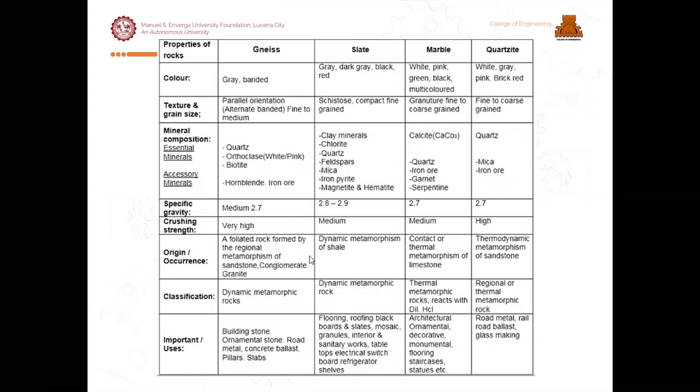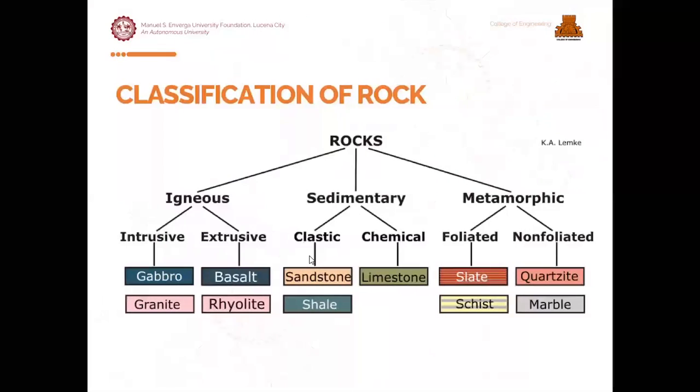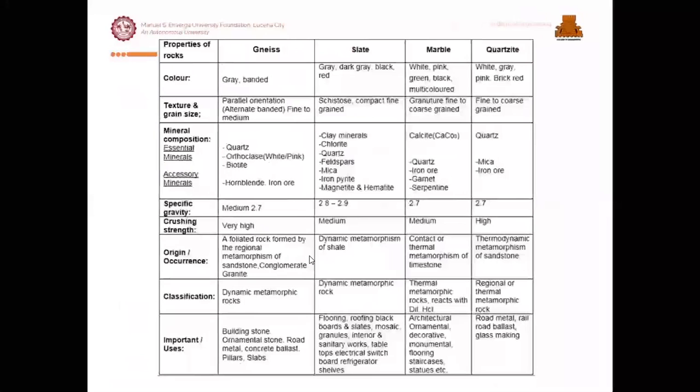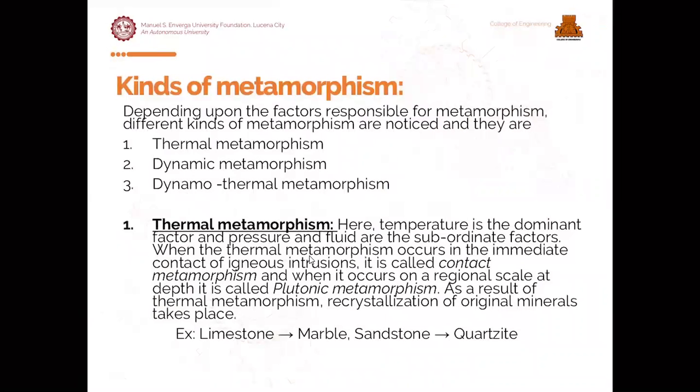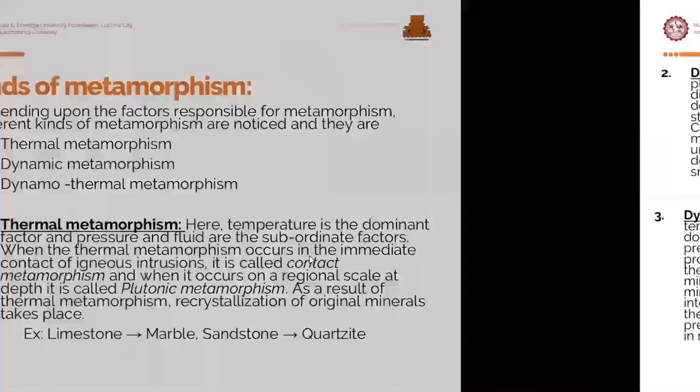Okay, so depende siya doon sa content or yung class characteristic o yung component mismo ng rock, no? Kaya siya nagiging foliated and non-foliated. Pero ang mas mahalagang classification ng metamorphic rock natin is itong tatlong classification na nabanggit natin, no? Itong thermal, dynamic, and dynamothermal metamorphism.